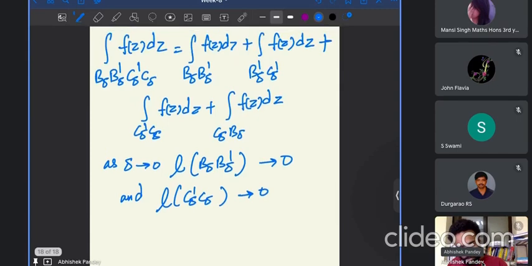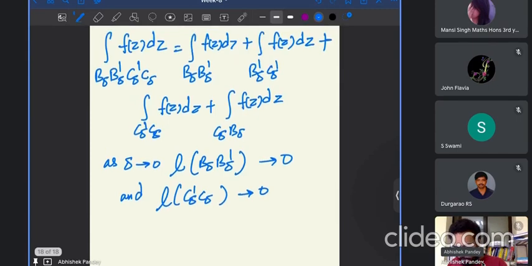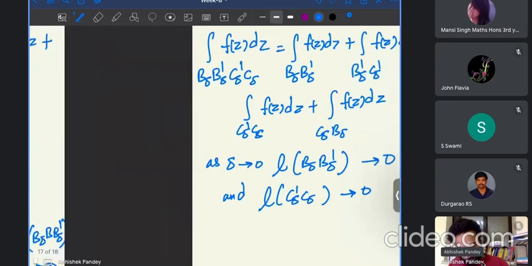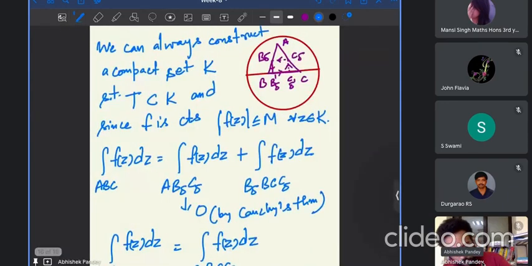Also, when you have B delta dash, C delta dash and C delta, B delta, this is basically this curve and then this curve. So the addition of this plus this as delta tends to 0 will be 0.